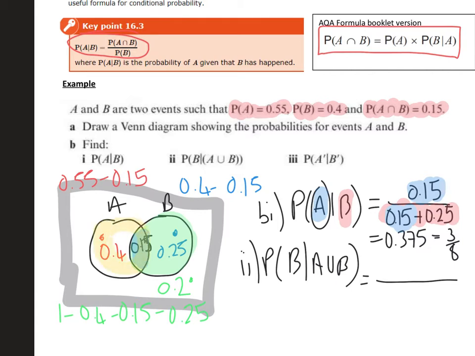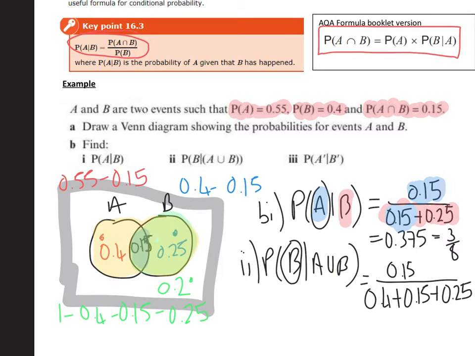A or B, so that's all of A, all of B. So I'm looking at those three numbers there. So I'm restricting my area I'm looking at to 0.4, 0.15, and 0.25. So out of those, which ones have the B? Which ones are the probability of B happening?